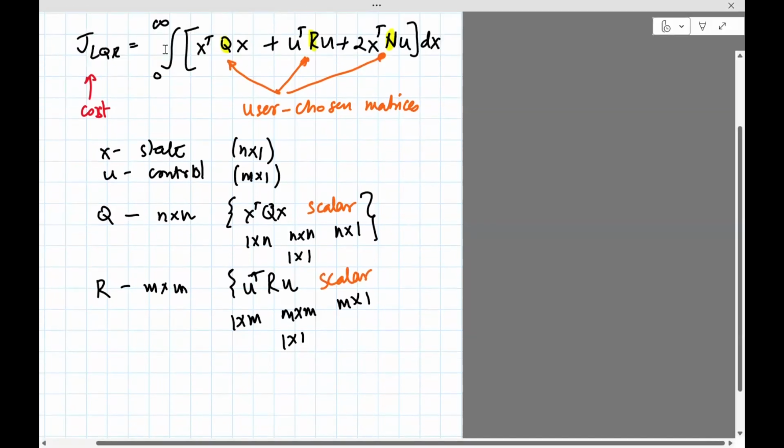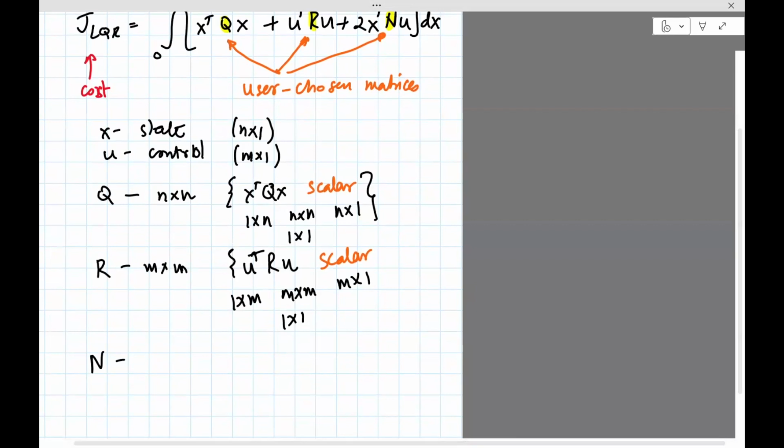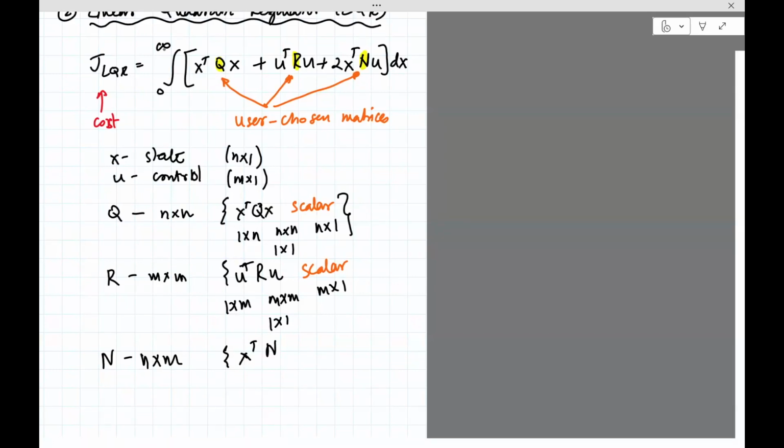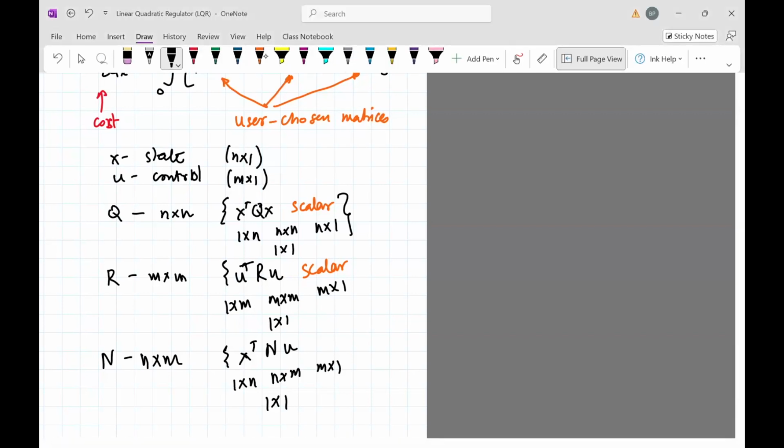And then finally, N would be n cross m. So X transpose NU would be 1 cross n, n cross m, m cross 1. So the whole thing is 1 cross 1, which is also a scalar.